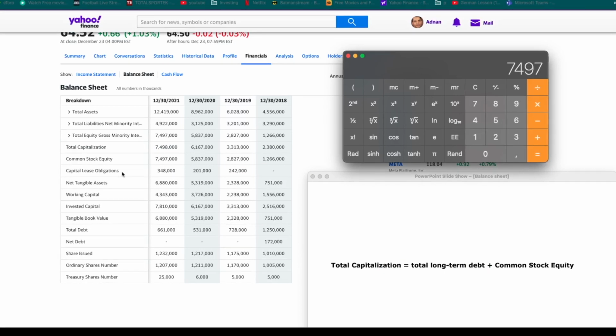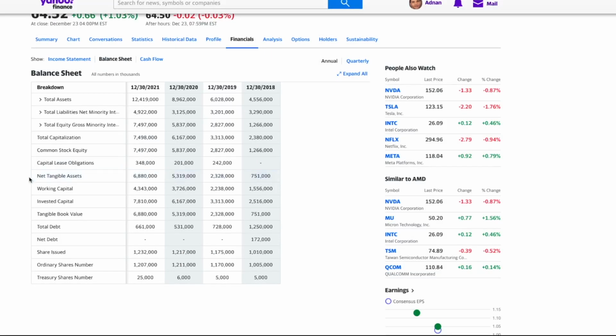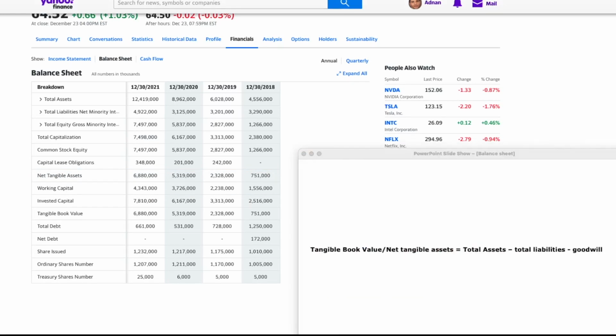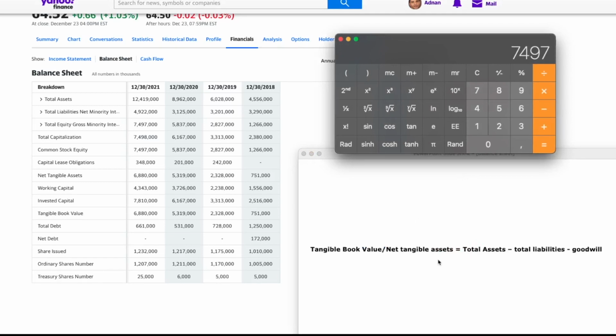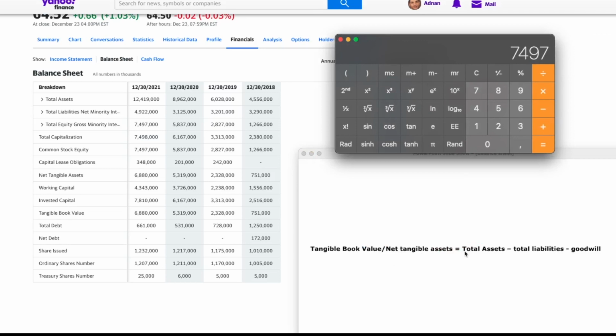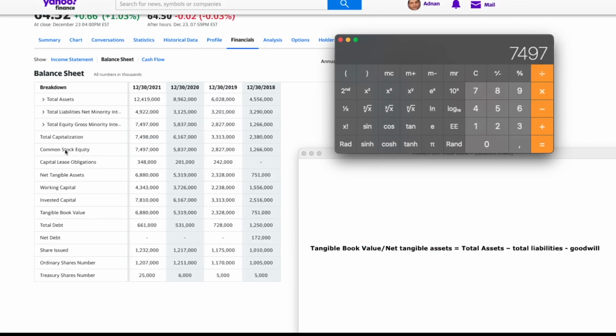Another is the capital lease obligation, which you can also find in the liabilities under non-current liabilities. Next on the list is the net tangible asset, and net tangible asset has the definition of common stock equity minus any goodwill the company has. So a net tangible asset, also known as the tangible book value, is total assets minus total liabilities, which is common stock equity, 7497.